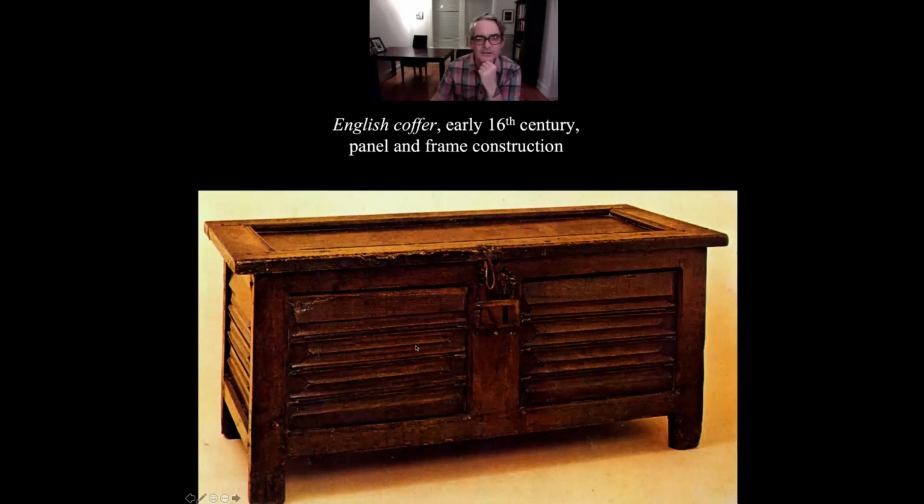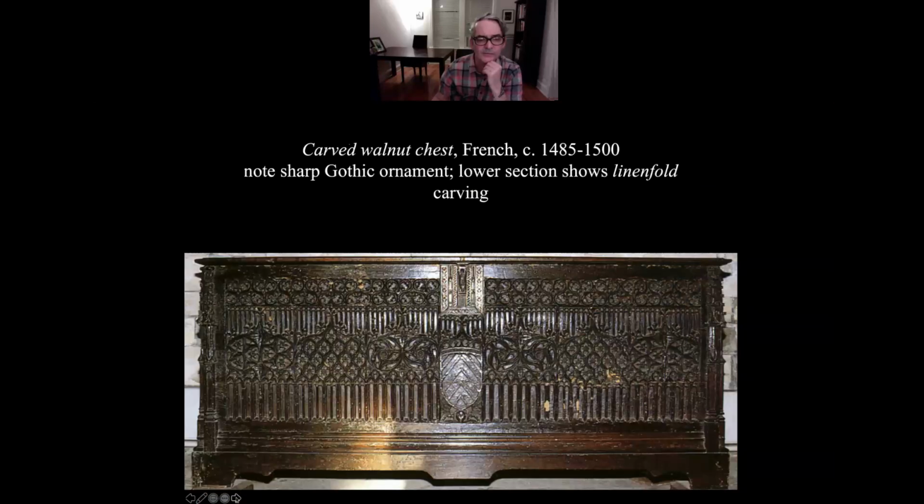These panels are separate pieces. And you can see it has a linen fold design. It's this decorative relief that is meant to look like a folded piece of fabric, which is a Gothic ornamental feature.